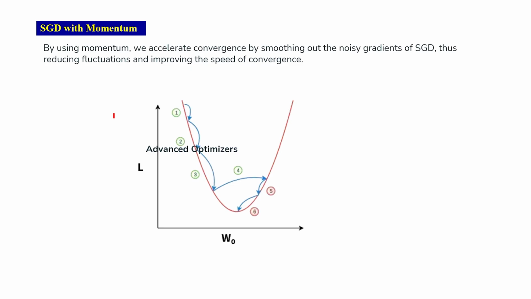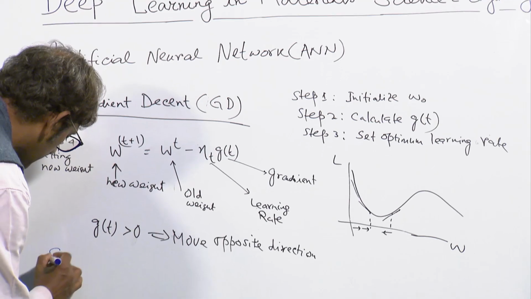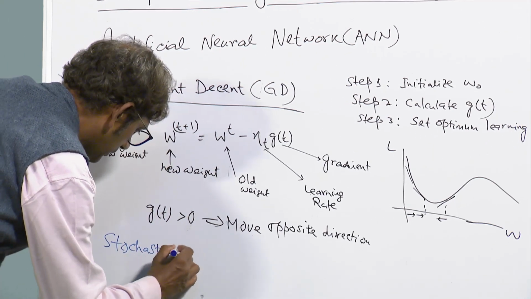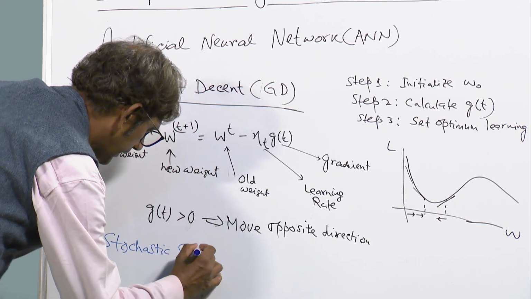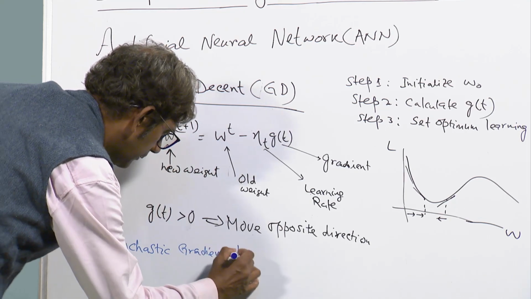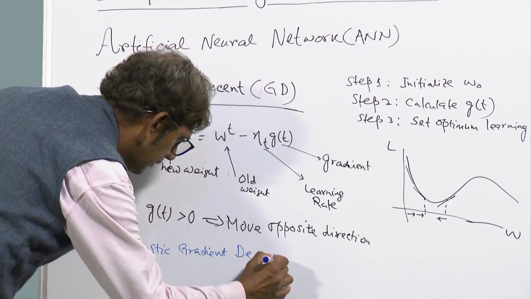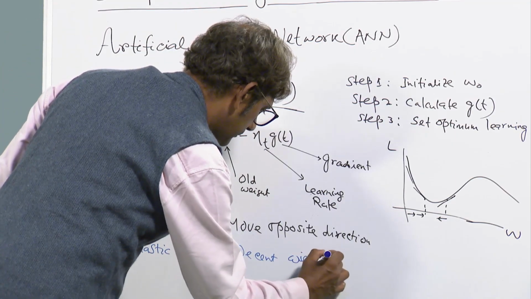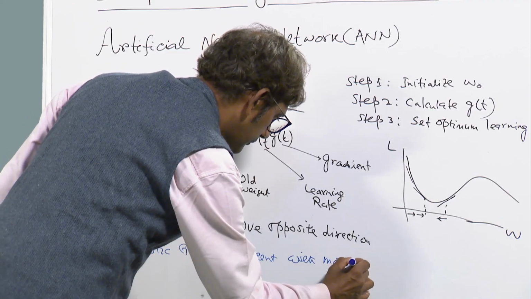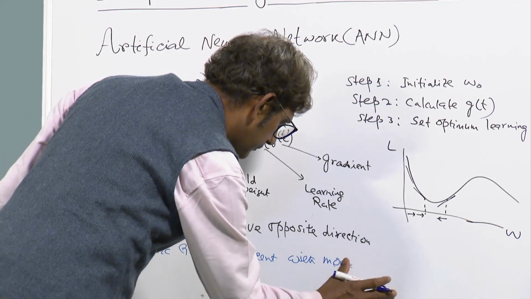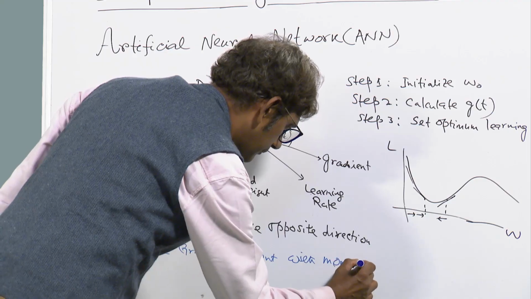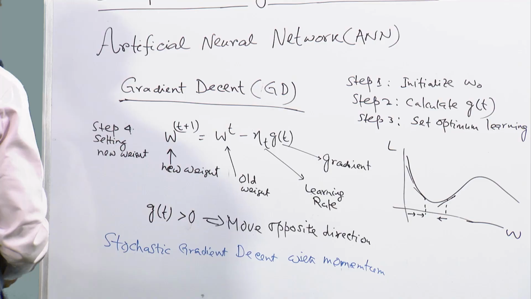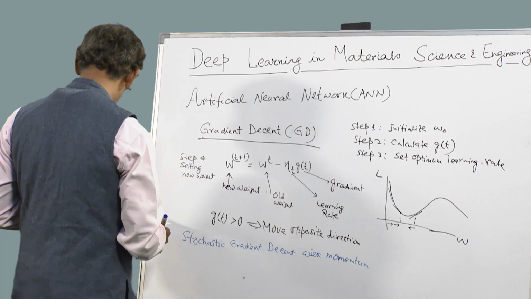So, this is called SGD, stochastic gradient descent with momentum. What is the equation you use? What is the way we update the weights?